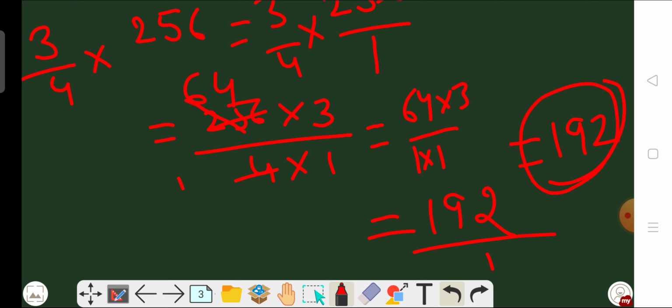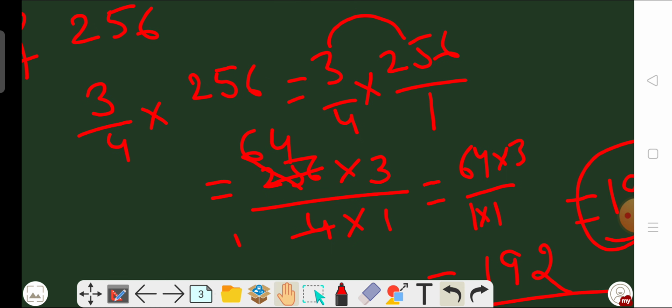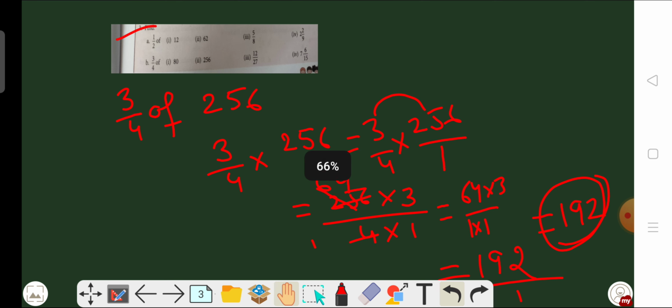This is the solution of B part. In the same way you have to solve the remaining part of question number third beta. Try to do them by yourself, and if there is any problem in doing these questions we will take that problem in the live class. Thank you. Have a nice day beta.